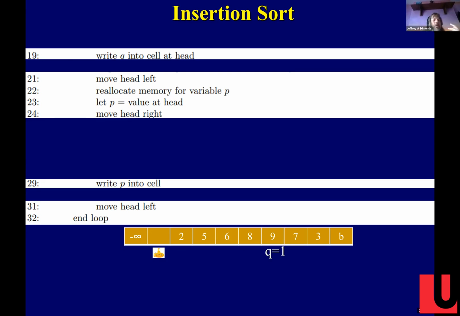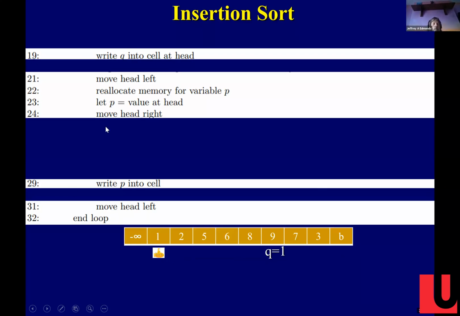One reason is that I'm trying to save space, so I'm going to allocate and deallocate things to save memory. But the other reason is, well, Q might go there, right? So I'm going to take my Q and write it in there and say, hey, it goes there. So there it is. I write it in there.